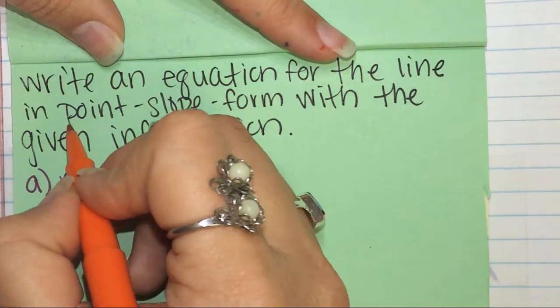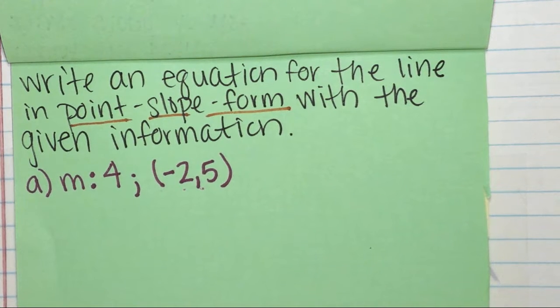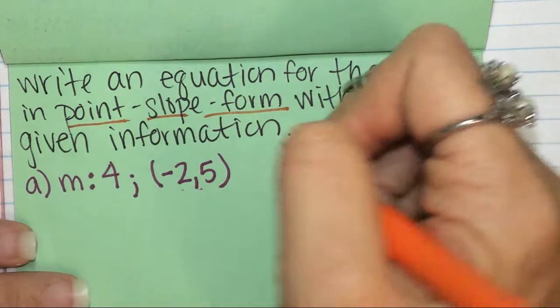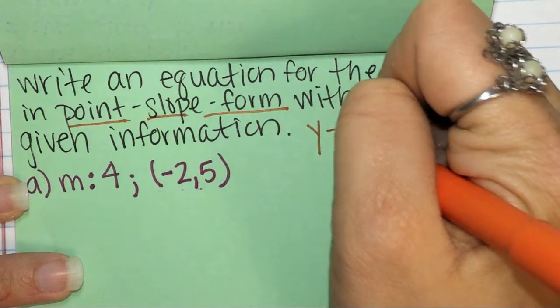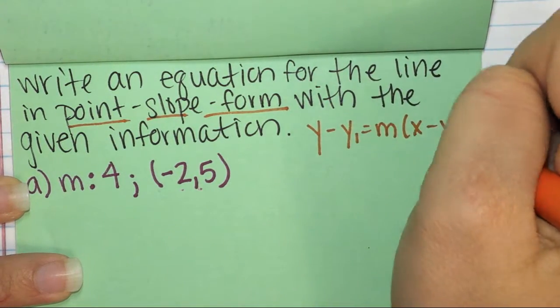Now, it says to write in point slope form. Now, when you're trying to figure out which form to use, if it gives you the slope and the y-intercept, use slope-intercept form. If it gives you a point and a slope, use point-slope form. That's why it's named that. So point-slope form is y minus y1 equals m times x minus x1.